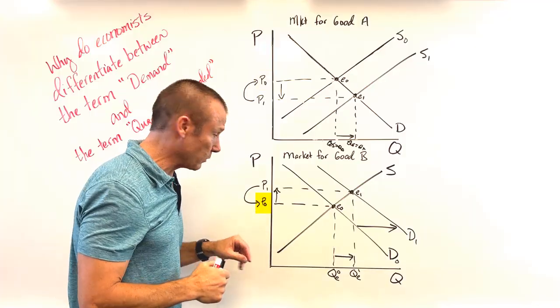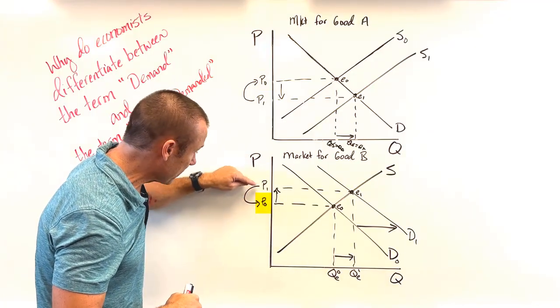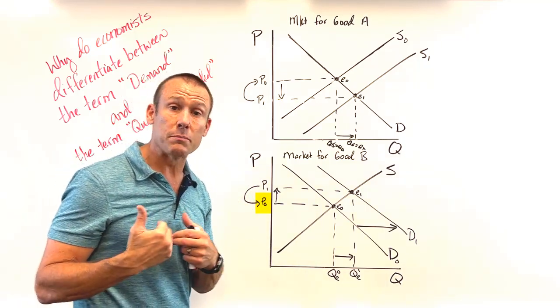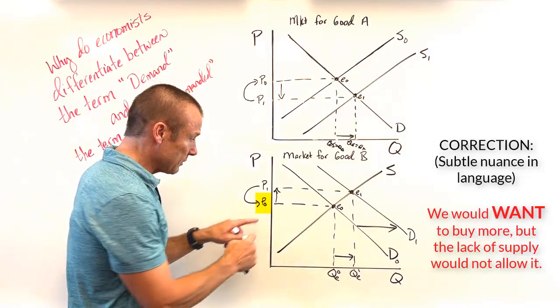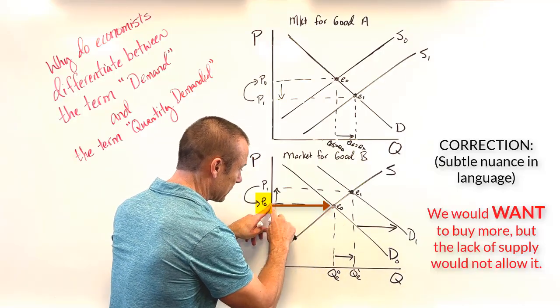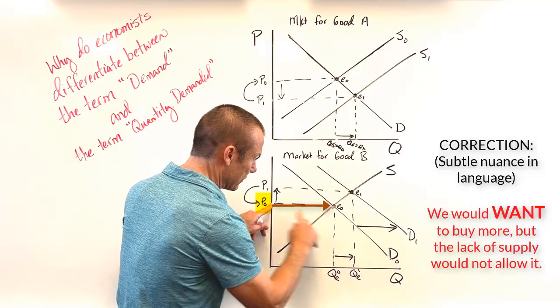In this particular situation, guys, if price was to go back to its original amount, guess what? We would buy more than we used to buy at that original price. How much did we buy at the original price? That horizontal distance right there. That's how much we were buying at the original price when that was the demand curve that was present in society.